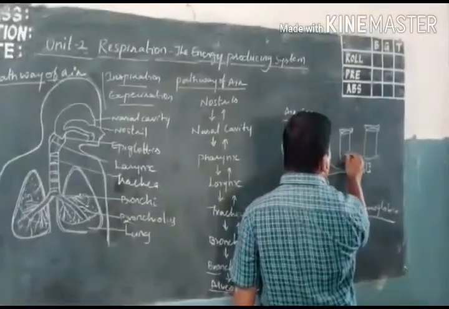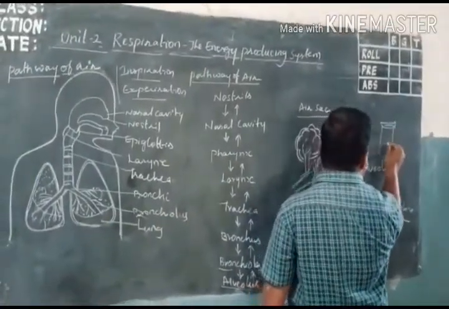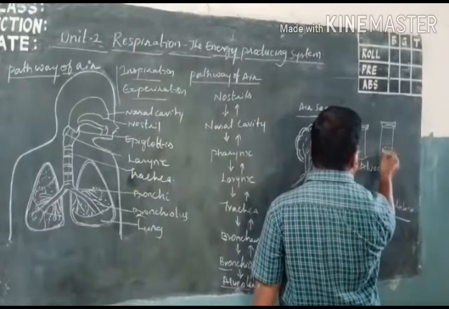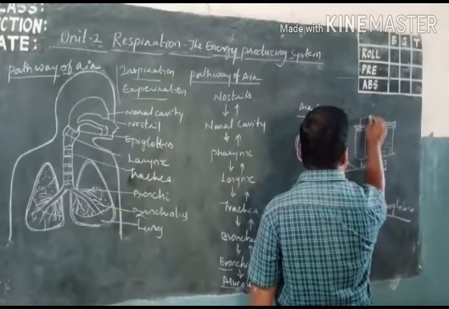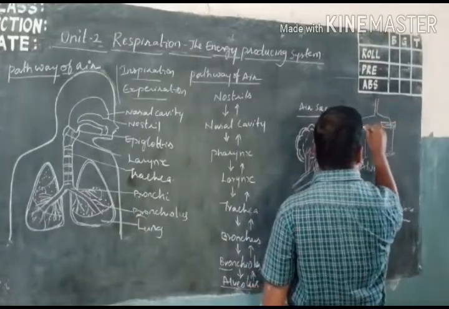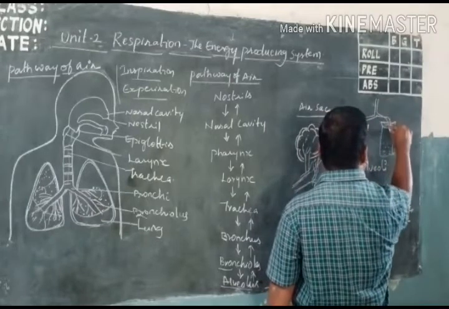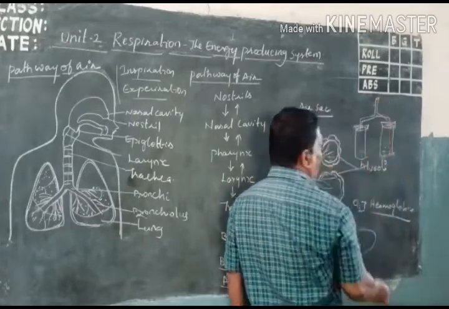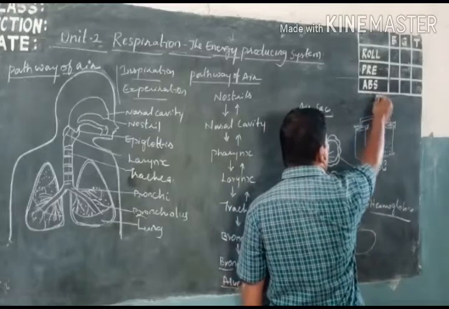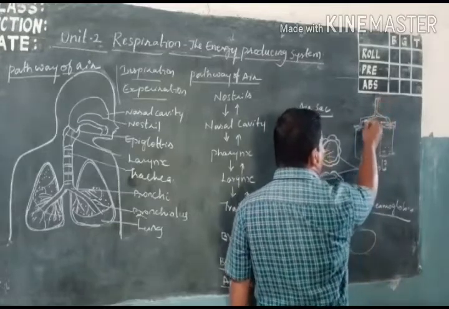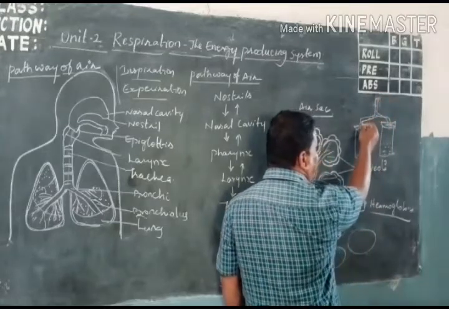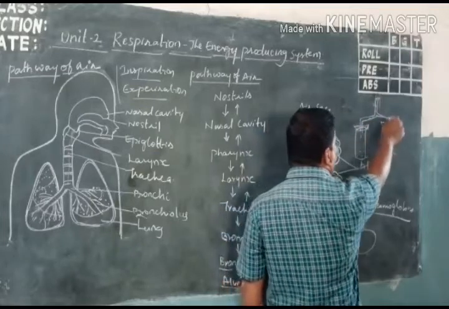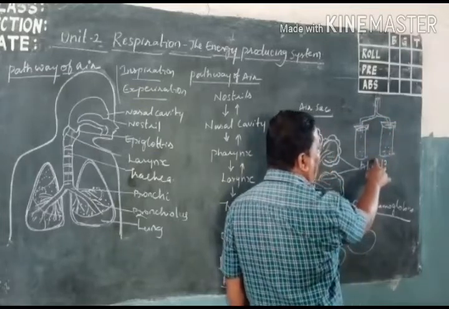One test tube has water, and the other has lime water. Both test tubes are connected to a Y-shaped tube. Into this tube you blow air. The same amount of air enters both test tubes.